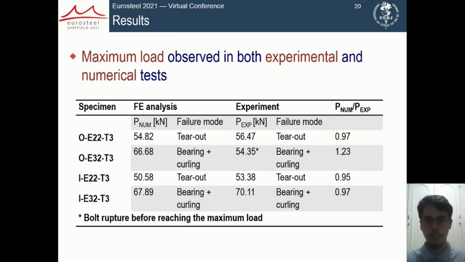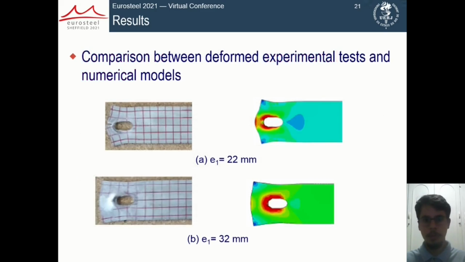Excluding this test from the analysis, a numerical load over experimental load average of 0.96 could be obtained with a small standard deviation of 1.2%. This number validates the numerical model, enabling a parametric study to be performed. The final deformation was similar for both experimental and numerical outcomes.